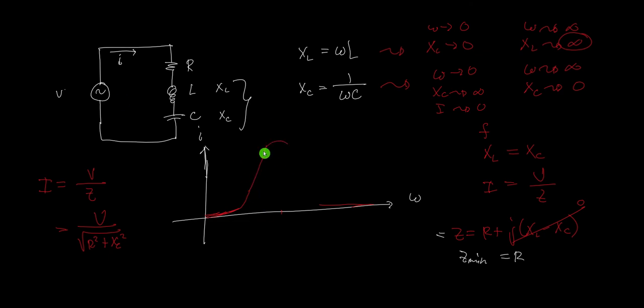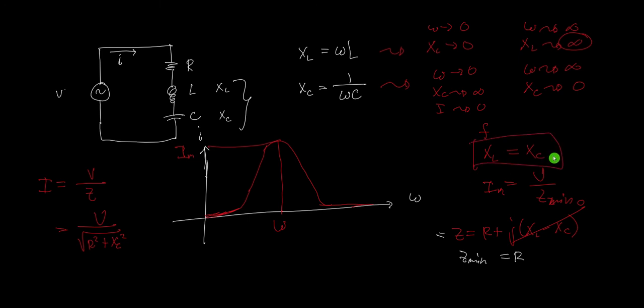It will look like this. If this is our maximum current, IM here, IM occurs when Z is equal to Z minimum, somewhere here.